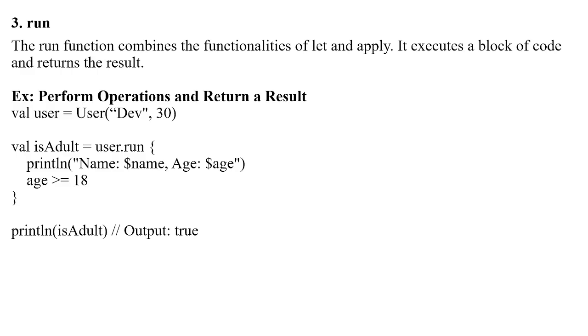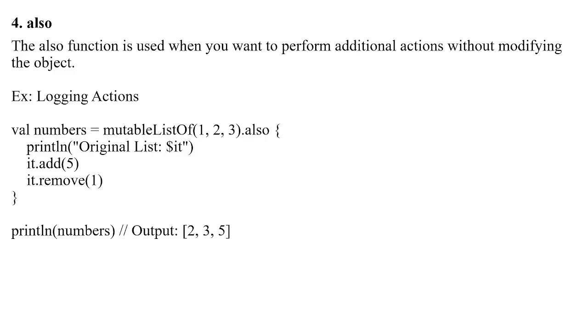Basically, we use the run scope function when we need to perform operations on an object and return a result. After run, we will discuss the also scope function. The also scope function is used when you want to perform additional operations without modifying the behavior of the existing object. Suppose there is a mutable list with elements 1, 2, 3, and we want to add number 5 and remove the first element, that is 1.